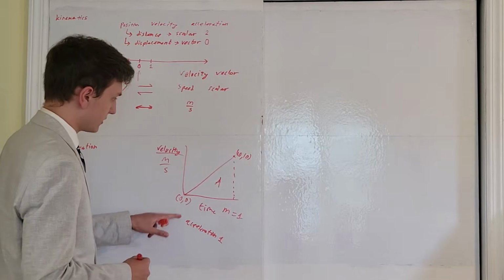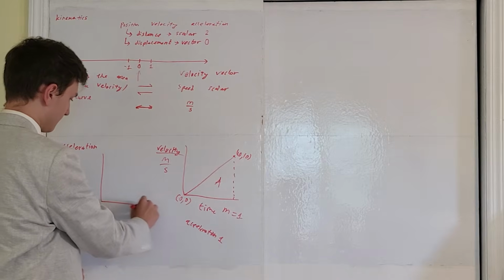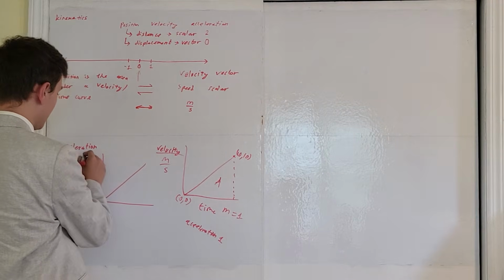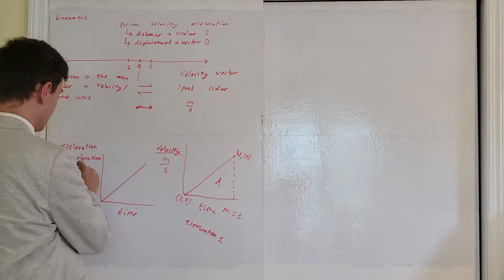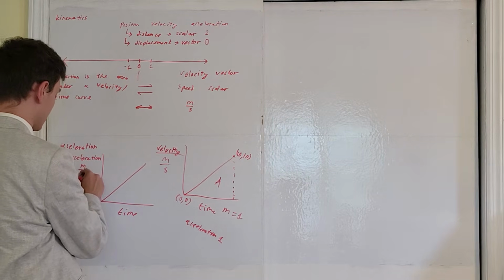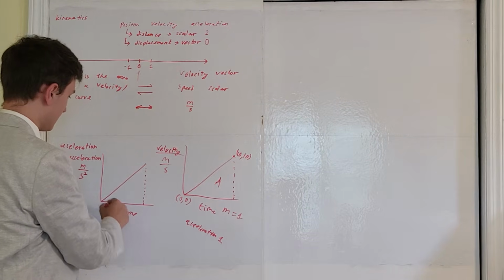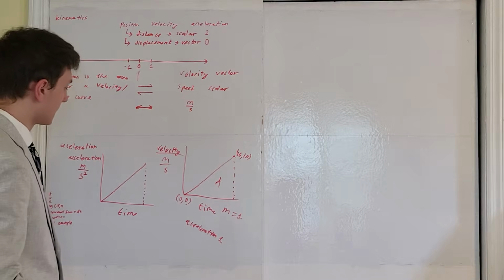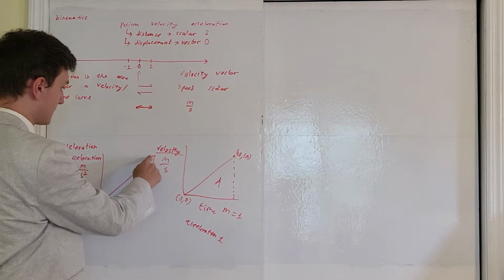Since acceleration is the rate of change of velocity, we can then draw another graph, which would be acceleration versus time, and acceleration would be in units of meters per second squared. If we take the area underneath an acceleration versus time graph, then that area would give us our velocity.